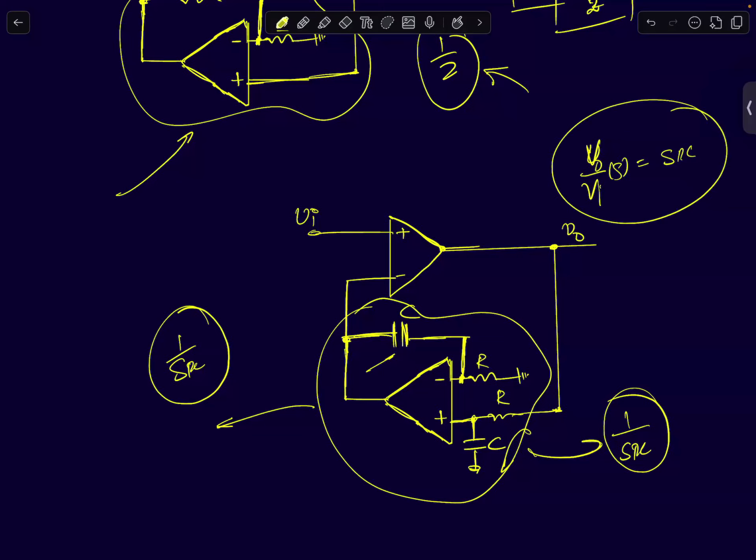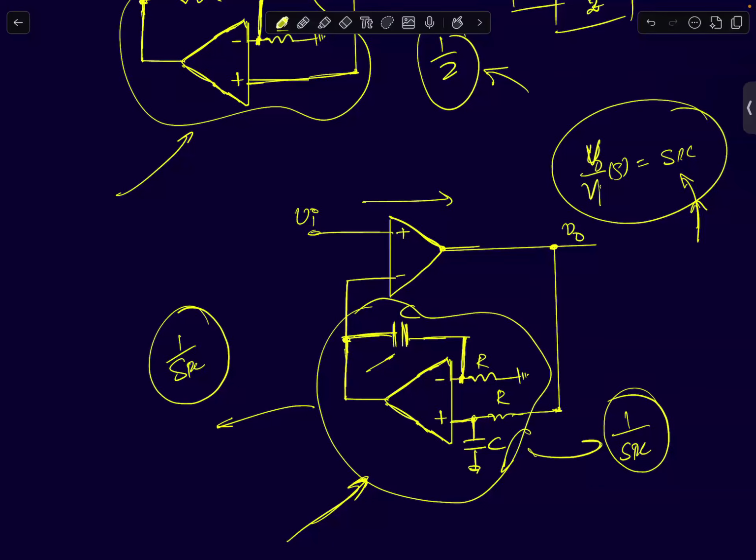So see, I have built a differentiator using an integrator. If I put an integrator in the feedback path and an infinite gain in the forward path, then I get a differentiator in the closed loop.